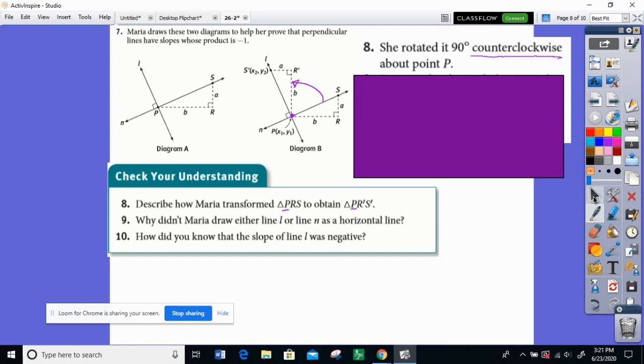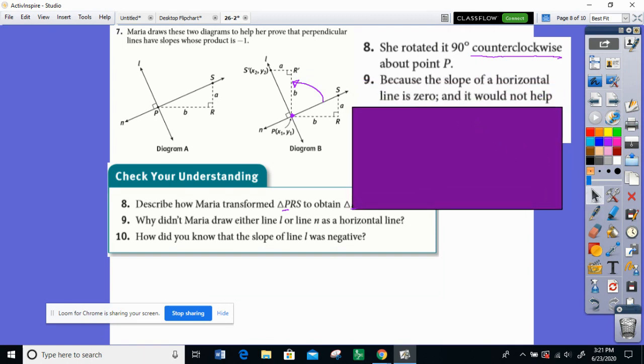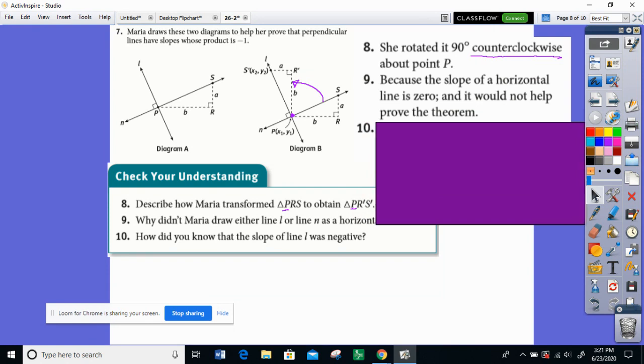Why didn't Maria draw either line L or line N as a horizontal line? Well, that's because the slope of a horizontal line is 0, and that would not help us out.